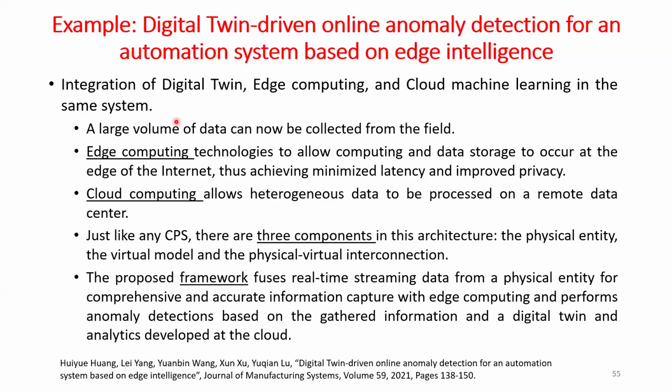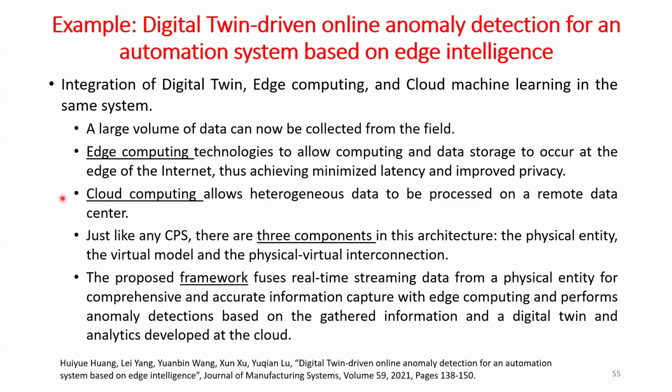With advancements in sensor technologies, a large volume of data can now be collected directly from the field, and edge computing allows this data to be processed and stored locally at the edge of the network, near the physical systems. The benefit is that this reduces latency, improves response time, and enhances data privacy.